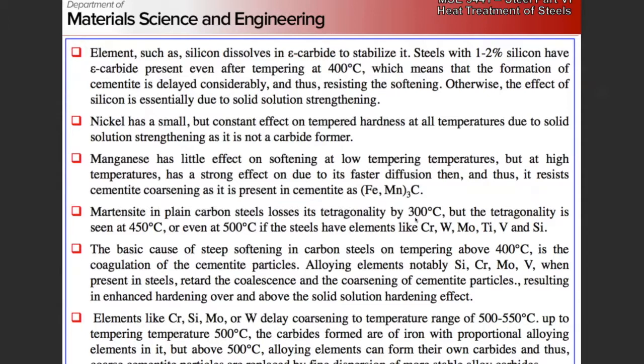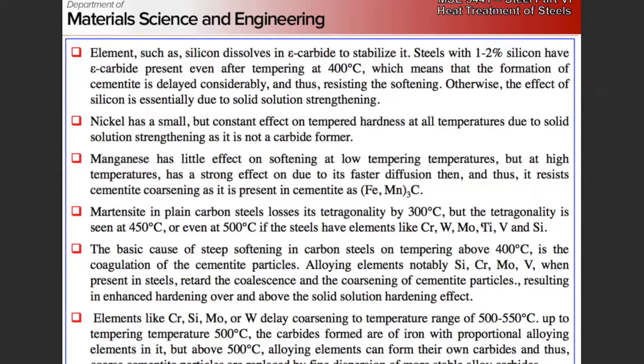Strong carbide formers are also heavy refractory, very slow diffusers, but the carbon wants to stay near them. So you're slowing the diffusion of carbon out of the martensite, and you maintain your tetragonality higher.